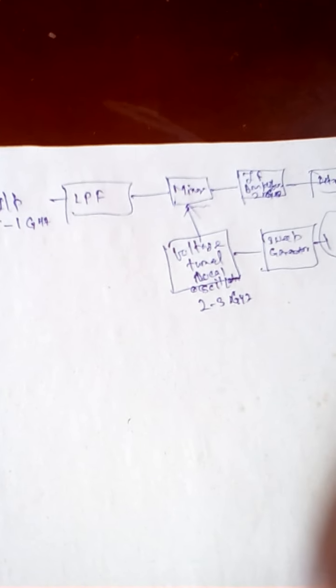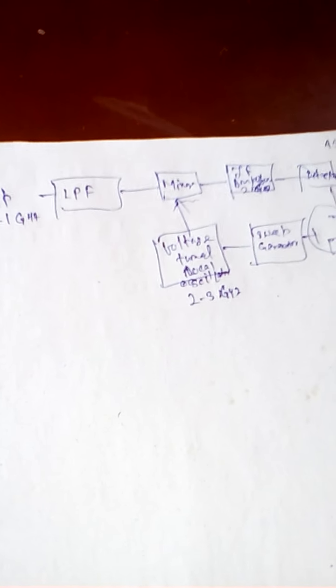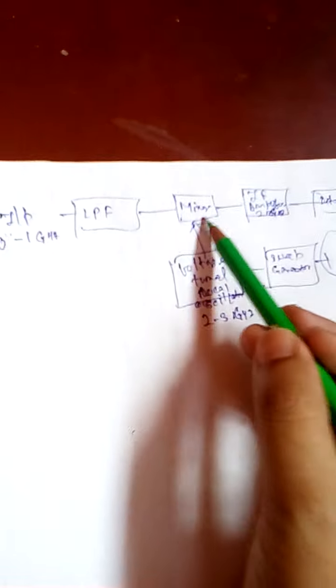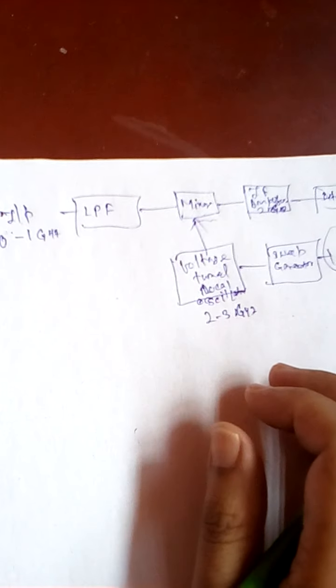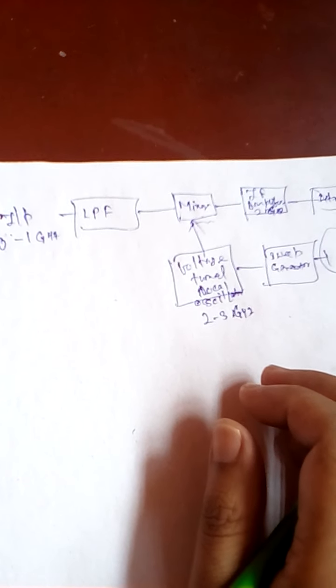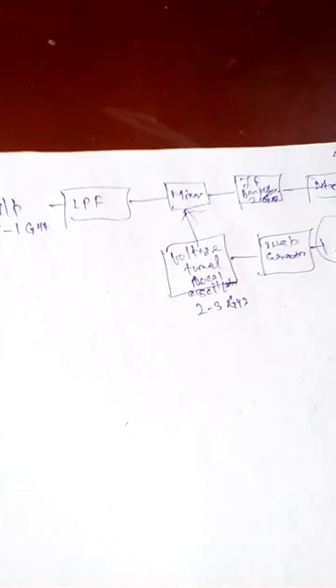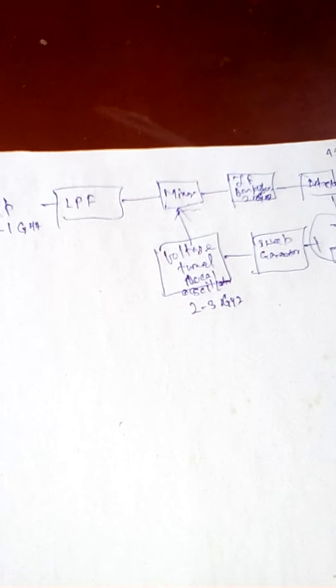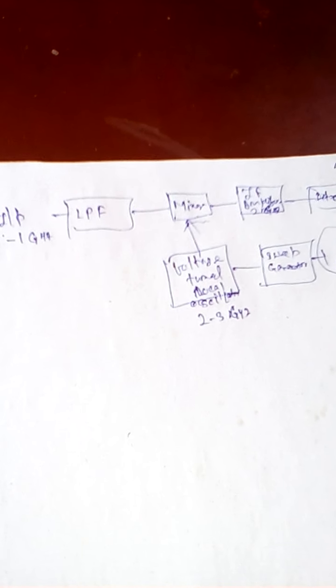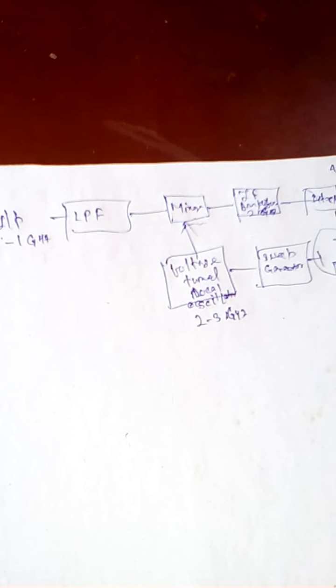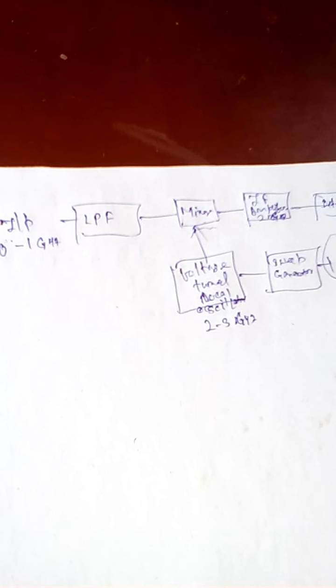The input signal is passed to the mixer, which is driven by a local oscillator that is linearly tunable electrically from 2 to 3 gigahertz. The mixer provides two signals at the output, proportional to the amplitude of the input signal, with frequencies that are the sum and difference of the input signal and local oscillator frequencies.